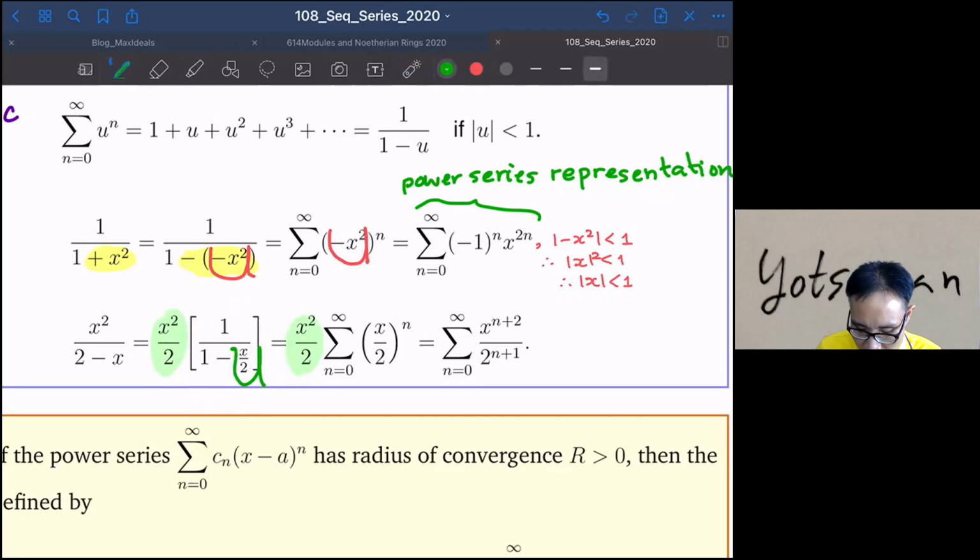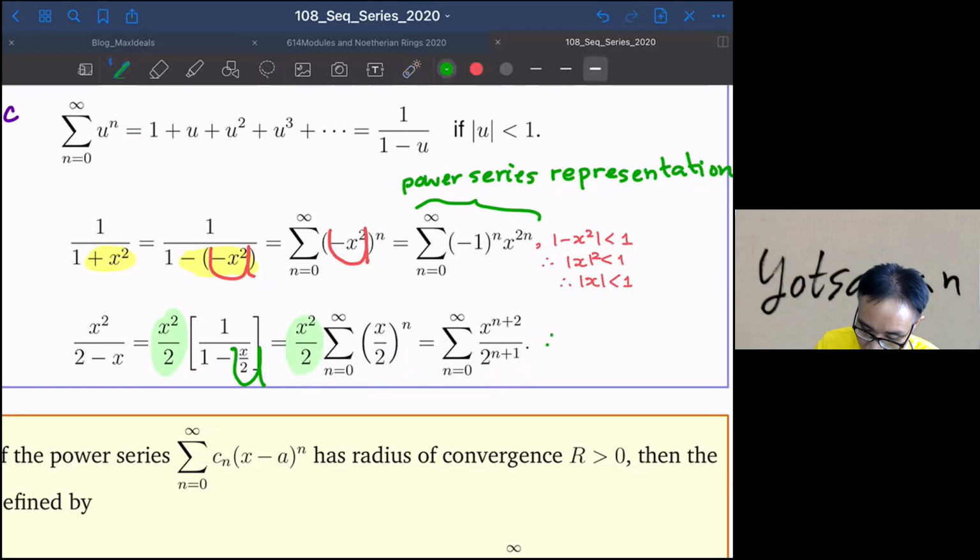So it's going to be the series n equal to 0 to infinity, u to the n, and you have the power series representation x to the n over 2 to the n. So it's going to be x to the n times x squared, so x to the n plus 2, and you have 2 to the n times 2, so 2 to the n plus 1.